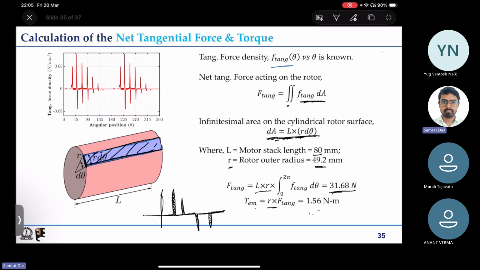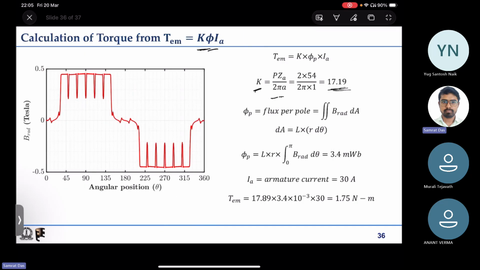you'll have to take a similar strip, and again in this case you have the radial component of flux density as a function of theta known, that is this thing. Now this positive part is one pole, and this negative part is the opposite pole.